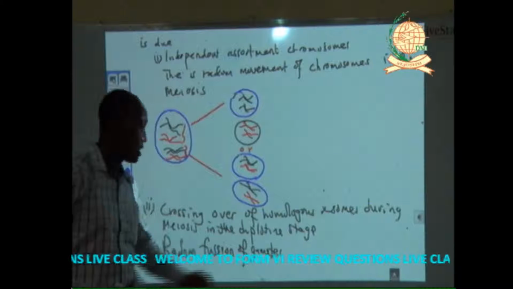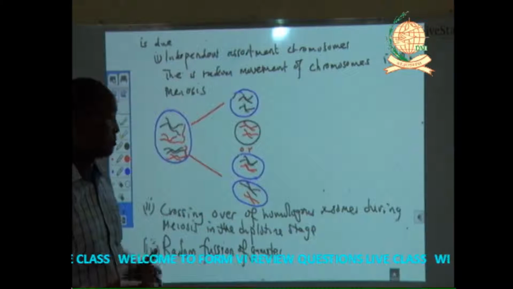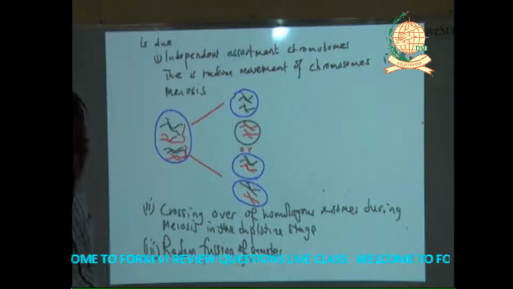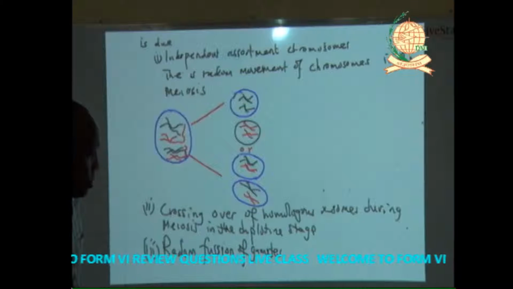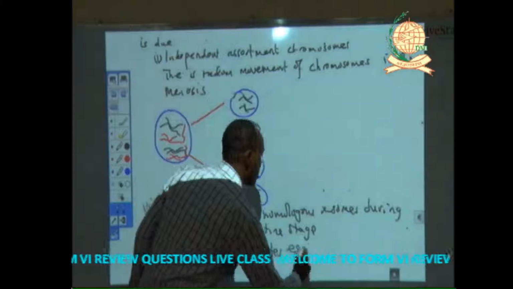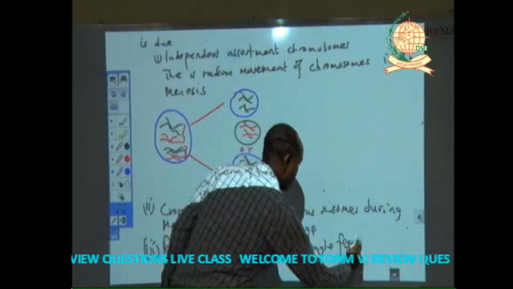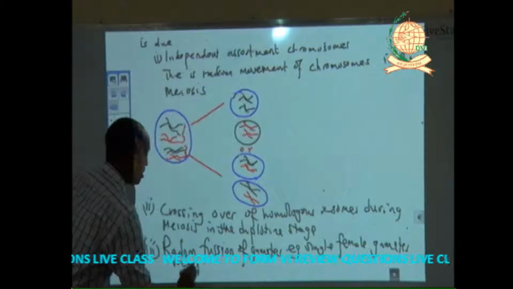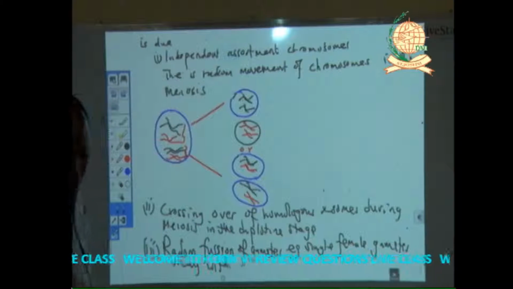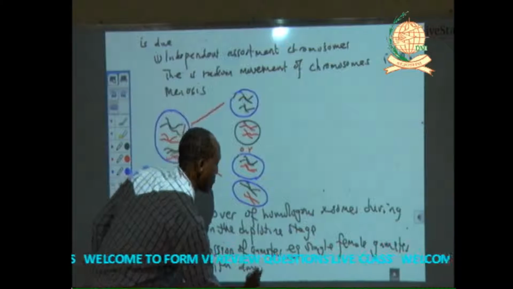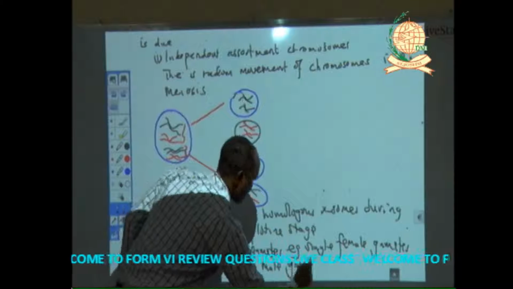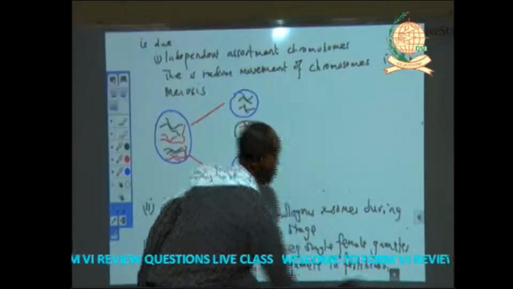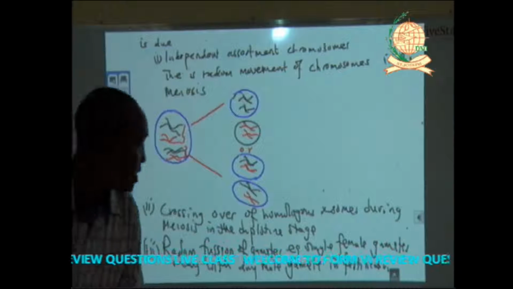For example, a single female gamete can fuse with any male gamete during fertilization. So fertilization may occur randomly.